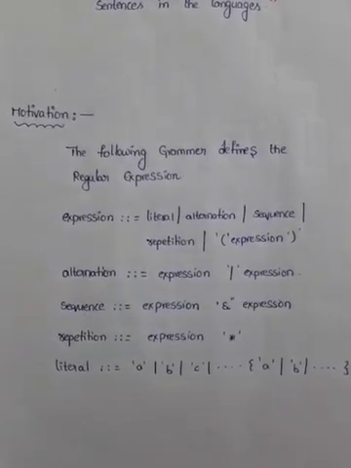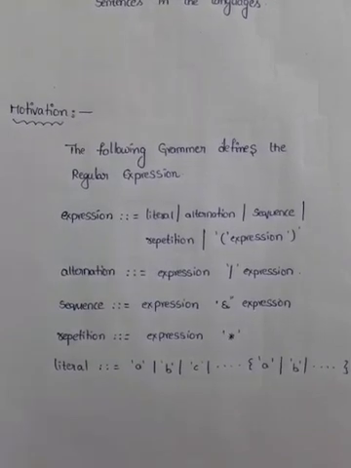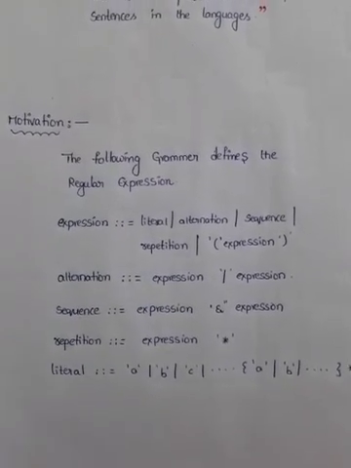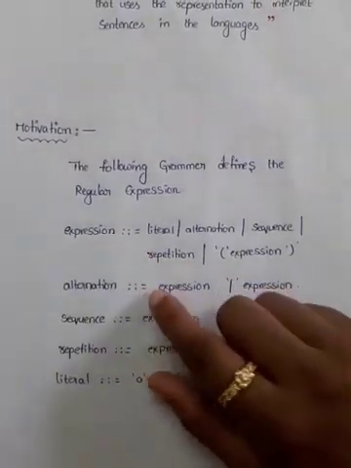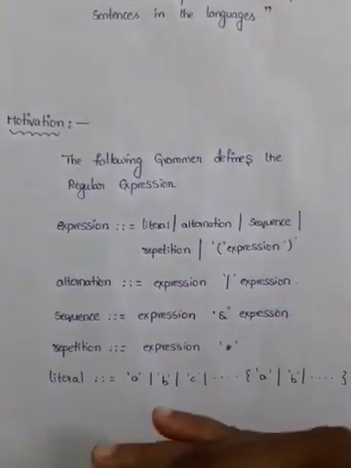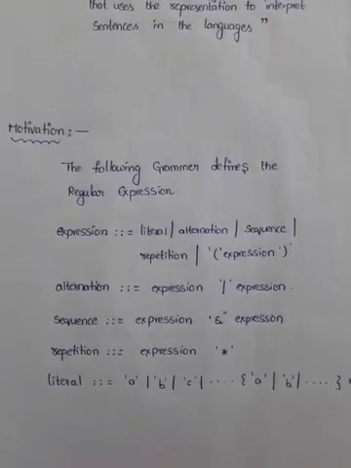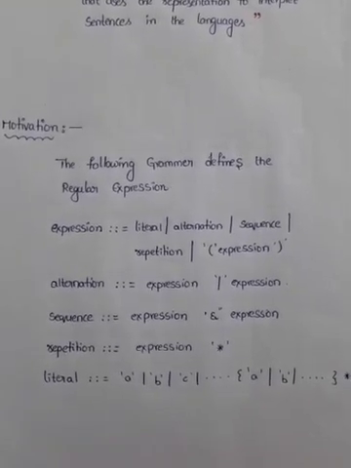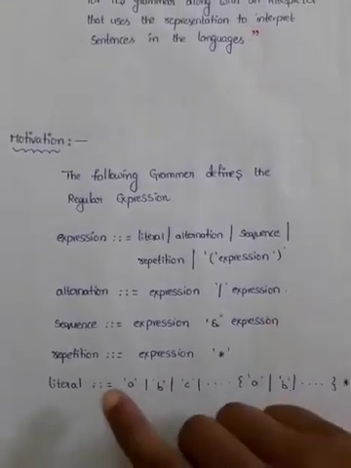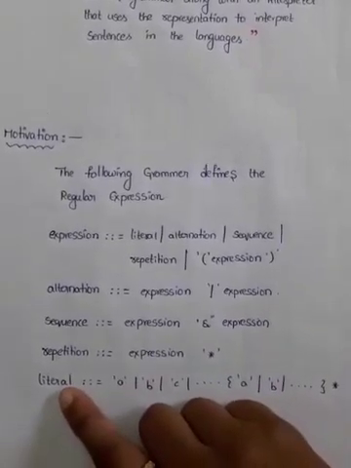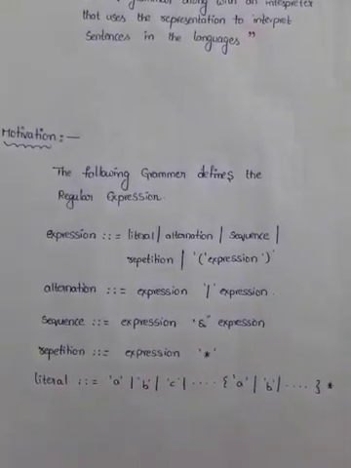This is the grammar that defines the regular expression. It consists of expressions, alternatives, sequence, repetitions and literals. In this, the symbol expression is the start symbol and the symbol literal is a terminal symbol.